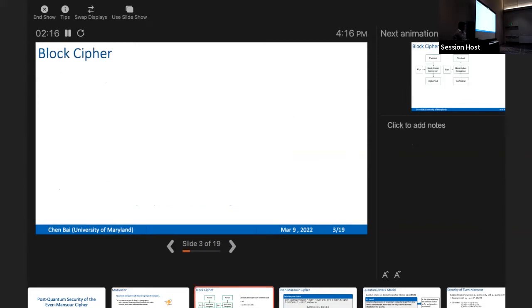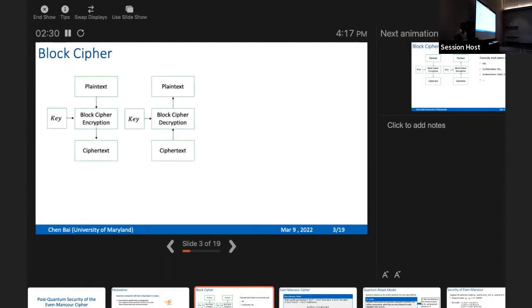Next, I'll talk about one key ingredient in symmetric crypto, which is the block cipher. A block cipher is just an encryption and decryption scheme which operates on blocks of data. This picture shows how it works on a single block. So it has two parts: the encryption part and the decryption part.